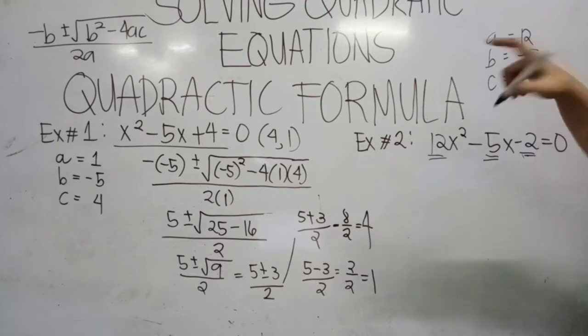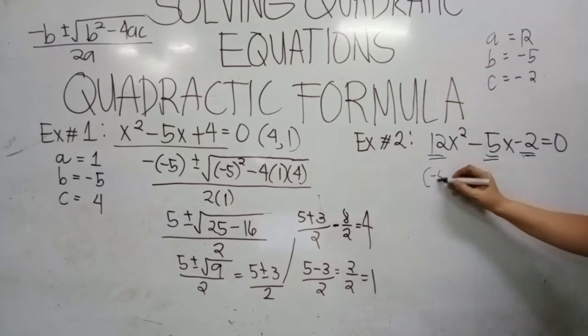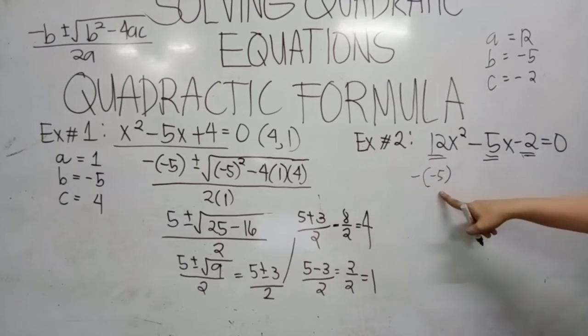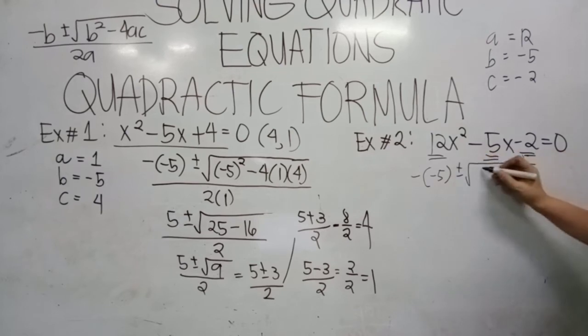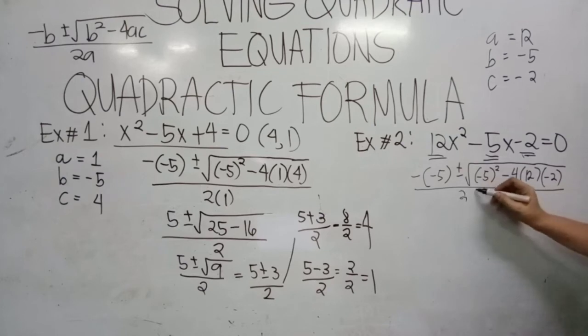Using the quadratic formula, substitute negative b, which is negative multiplied by negative 5, plus or minus the square root of b squared, minus 4 multiplied by a, which is 12, multiplied by c, which is negative 2, all over 2 multiplied by 12.